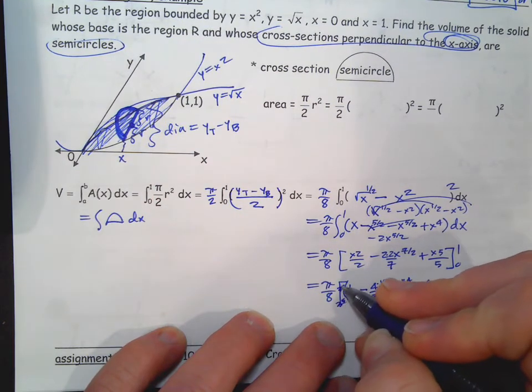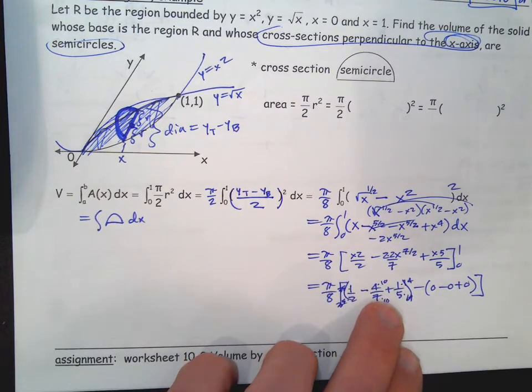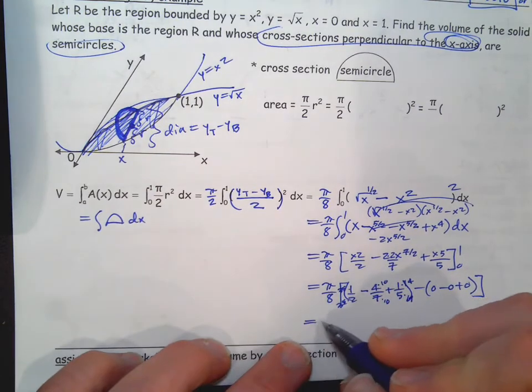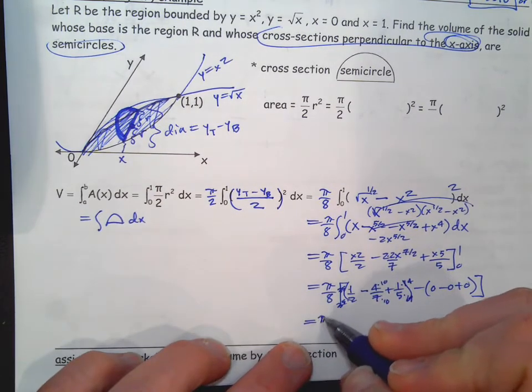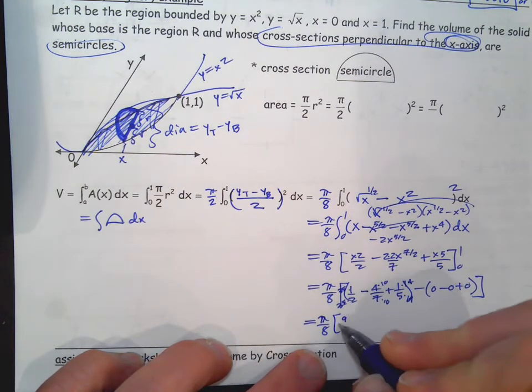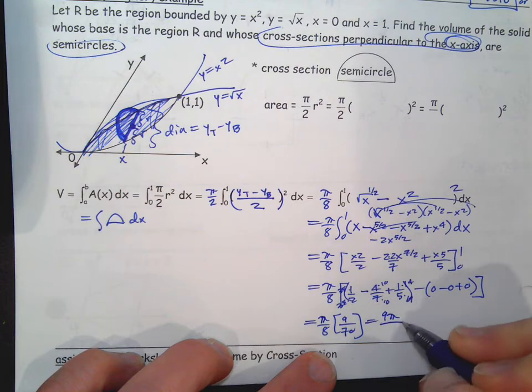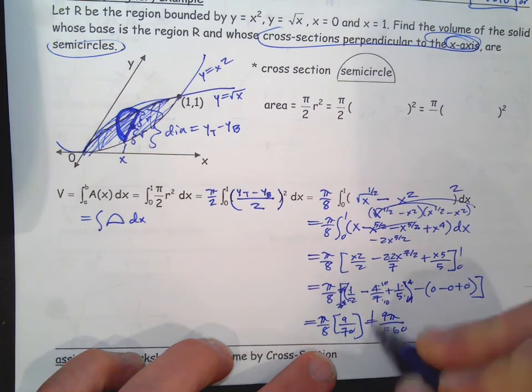We get 35 minus 40 is -5, plus 14 is 9. So it's going to be 9 over 70. So it's going to be 9 pi over 560.